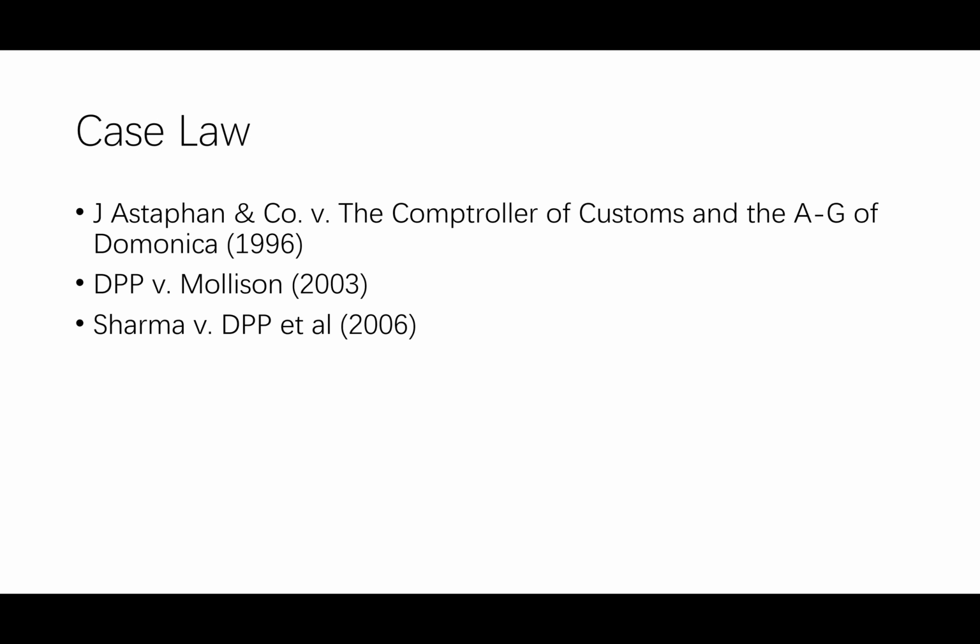DPP versus Mollison was about the executive taking on judicial function. And within Sharma versus DPP et al., what we have is decision making by the judiciary as opposed to the executive. So we're looking at breaches of separation of powers. These are the main cases that look at those.